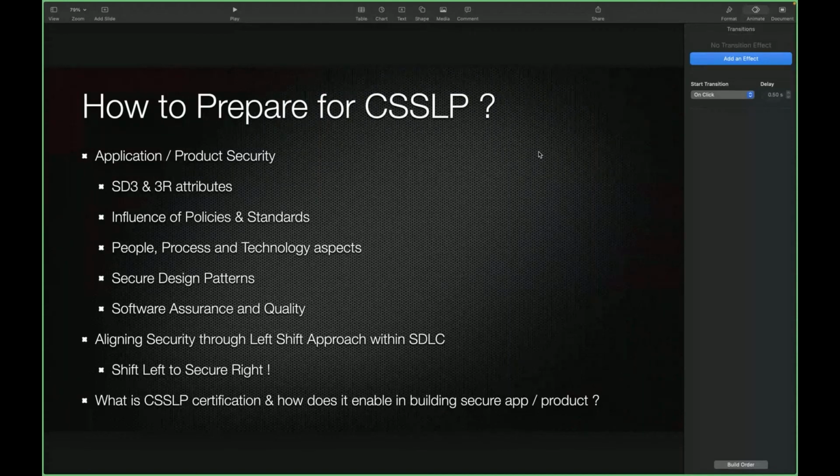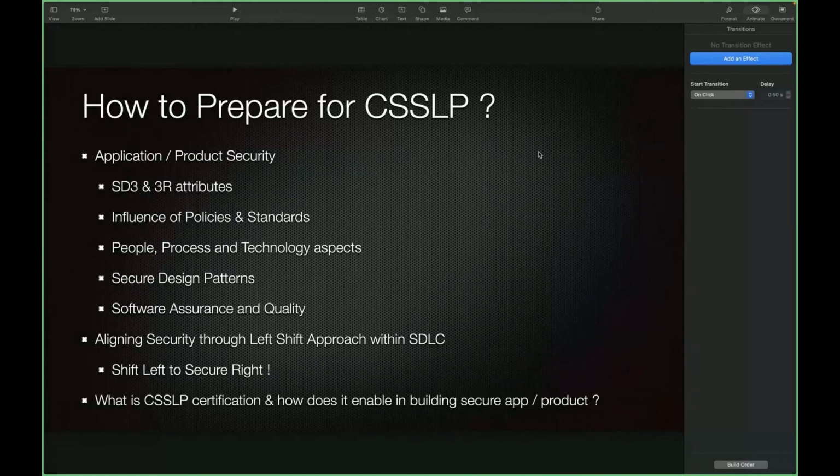Domain one covers secure software concepts, where we talk about the concepts of CIA, AAA, that is identity, authentication, authorization, accounting aspects, and some of the common security concepts and design patterns as well.